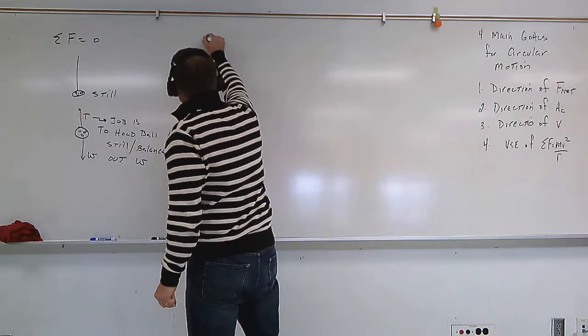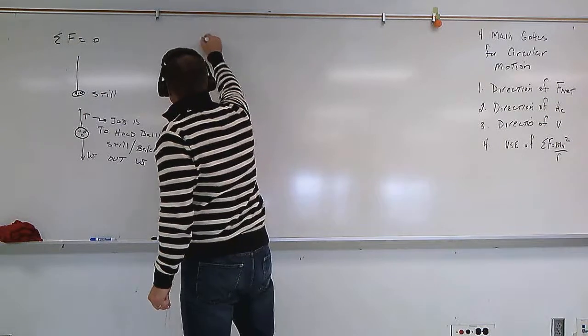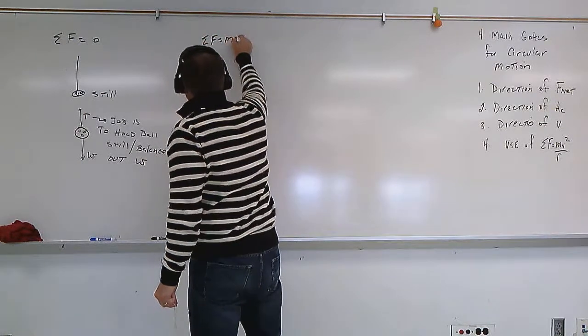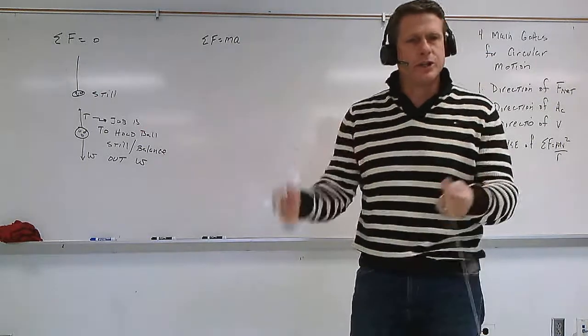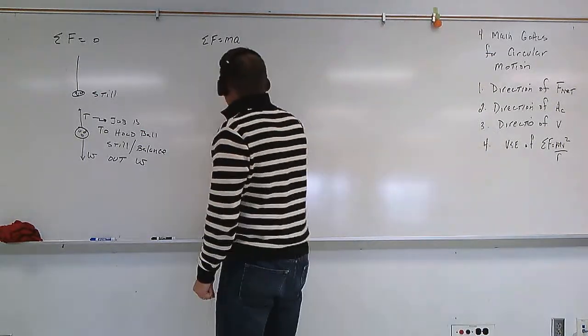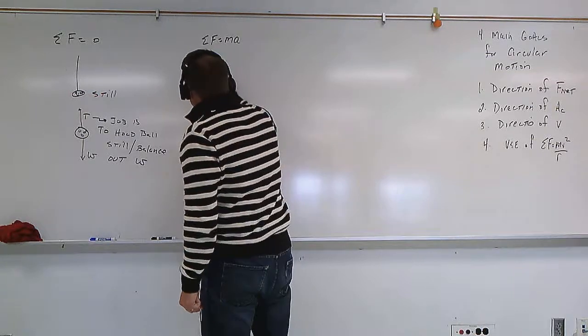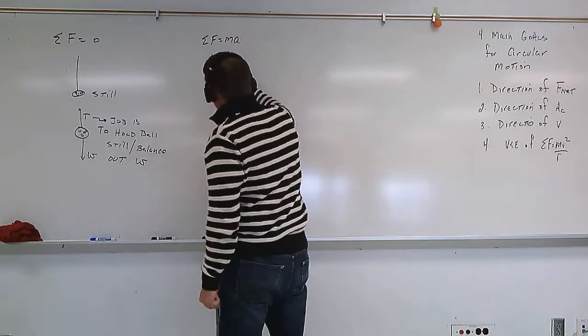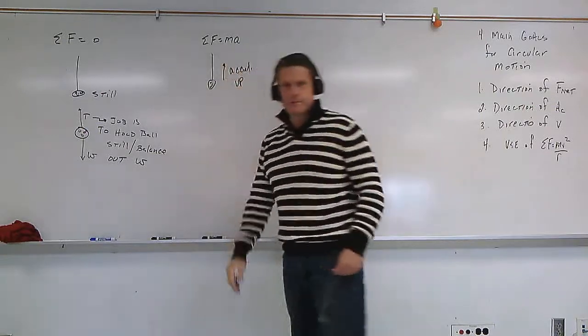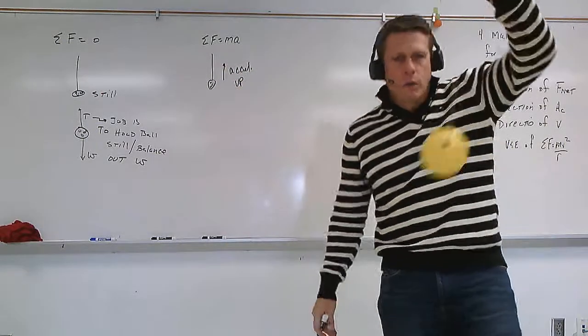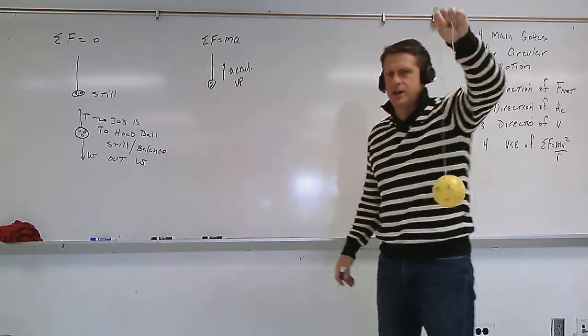The sum of the forces in this particular case is equal to m times a. And these are the 2 situations that we've been utilizing. So instead of this ball being still, we've got this wiffle ball that's accelerating upwards. Now, what does that do to the tension in the string?